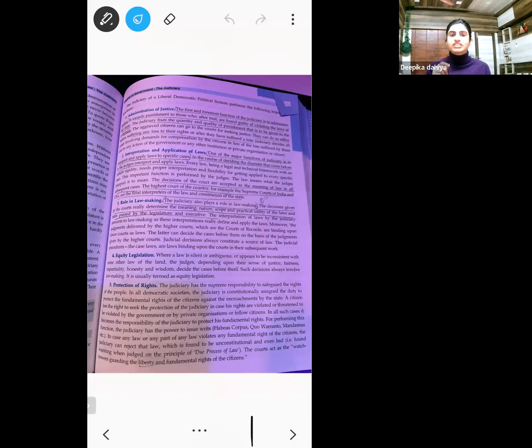How? The judiciary appoints constitutional benches for it. The Supreme Court appoints a constitutional bench, and there should not be less than 5 judges in this constitutional bench, whose duty would be to interpret and give their judgment on a particular article.